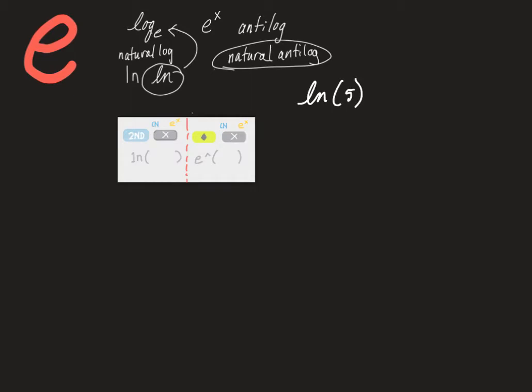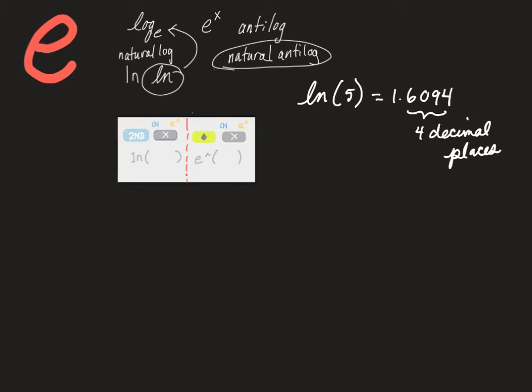So second x, 5, close parenthesis, and you should find that it equals 1.6094. Notice I'm rounding it to 4 decimal places.